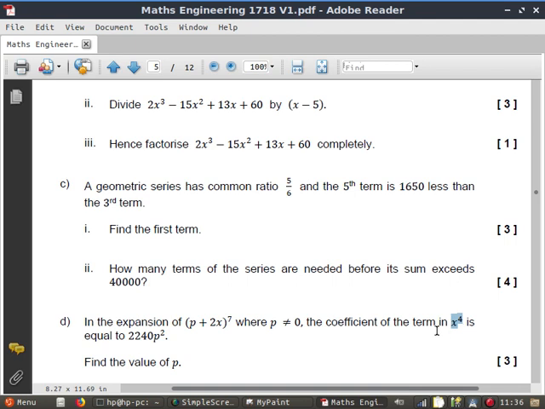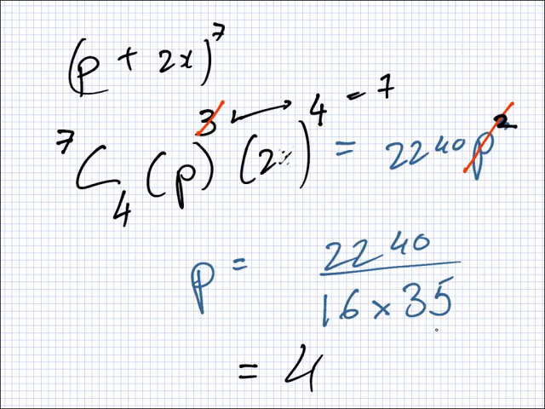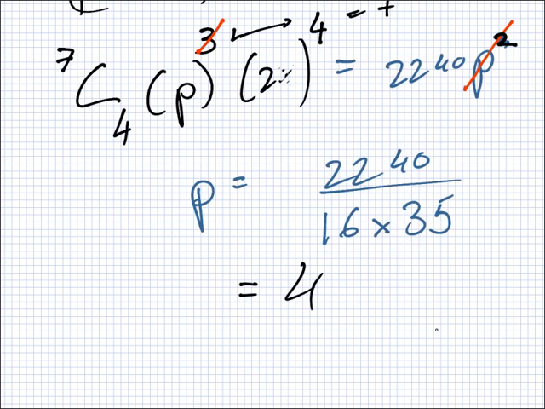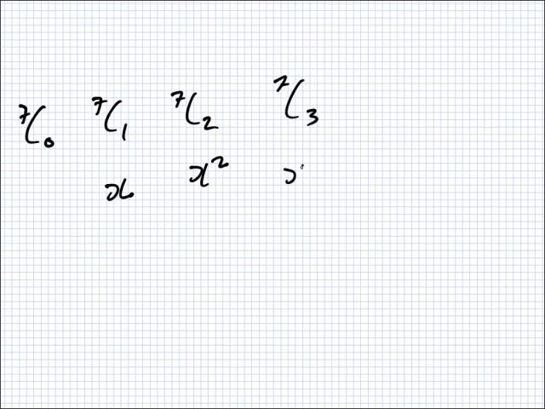It's actually the 5th term, because you start counting at 0. Let me show you. So you have 7C0, no x. 7C1 has an x. 7C2 has an x squared. 7C3 has an x cubed.